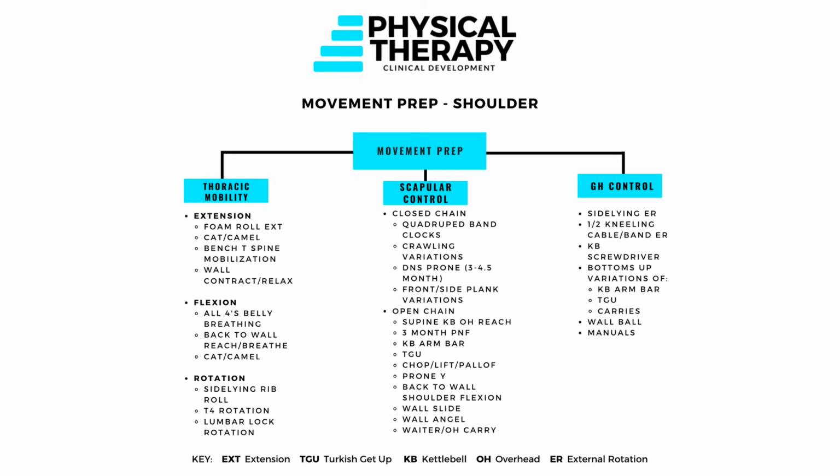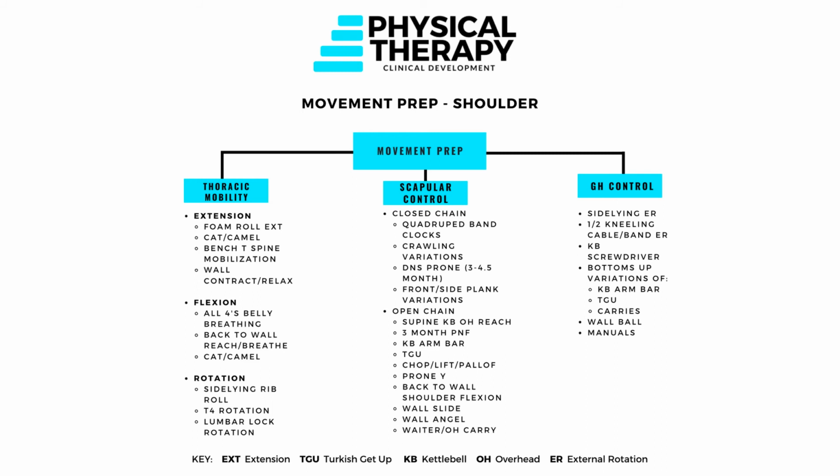Now, what you will see with the trainable menu, and in the case of movement prep this isn't always the case, is that it's usually organized in order of progressive difficulty. So scapular control is probably a better way to show you that idea. In the closed chain, for example, we've got quadruped band clocks.